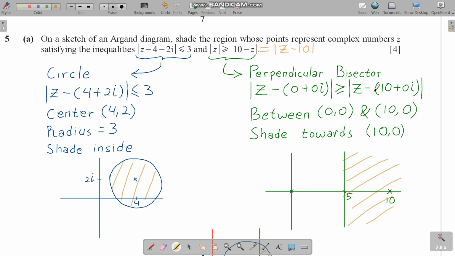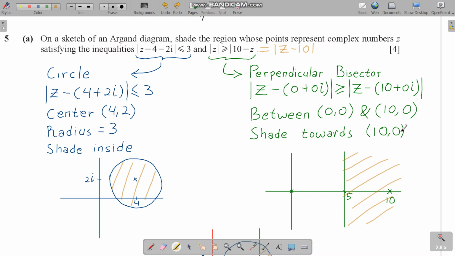So we make it z minus 10. Alright, so the points are (0, 0) and (10, 0). And we shade towards the side with the smaller distance, so we shade towards (10, 0).